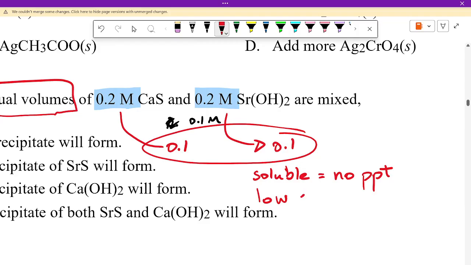Could the number be 0.4 and 0.4? It could, so it just has to be the same. But 0.2 and 0.2 is good because it's right at the boundary there, so you can just look at the chart. If it's bigger than that, maybe you can't make that much, even though it is soluble, because we don't know if we can make 0.4. I'm not going to give you anything bigger than that. You'll end up with things that are smaller than that for things that have KSPs. Yeah?